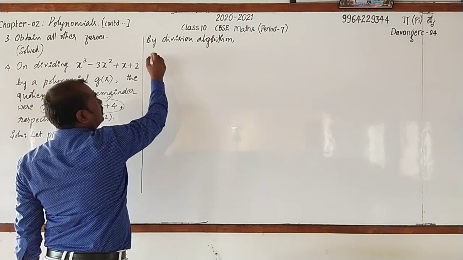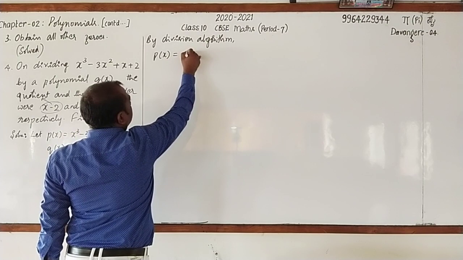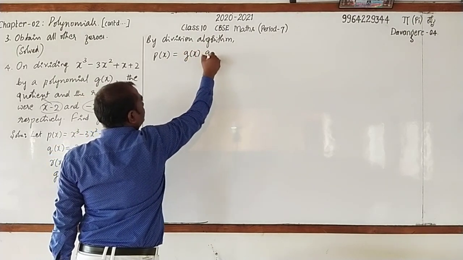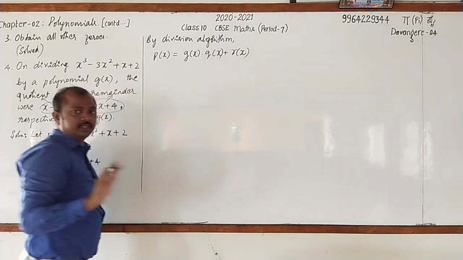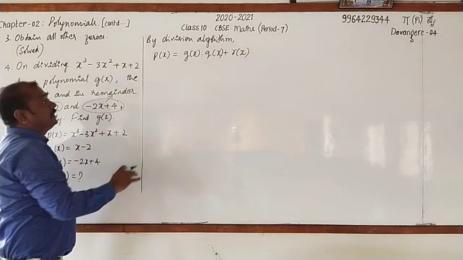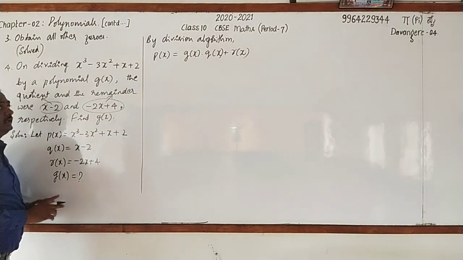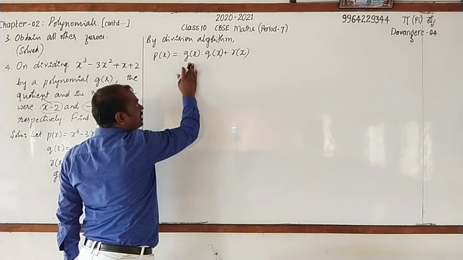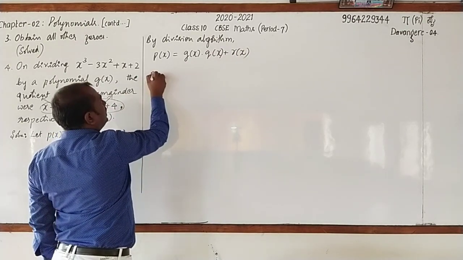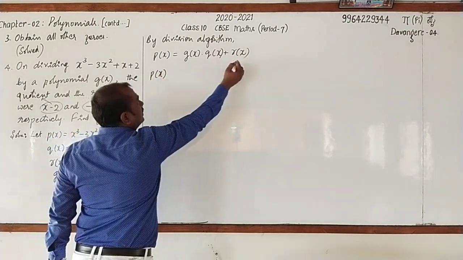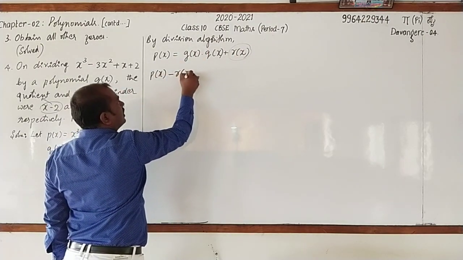According to that, we will write p of x is equal to g of x into q of x plus r of x. Is it not? Then you are going to find out g of x. Hence, let us solve g of x from this. Here I write, p of x, transfer r of x to the left hand side, minus r of x.